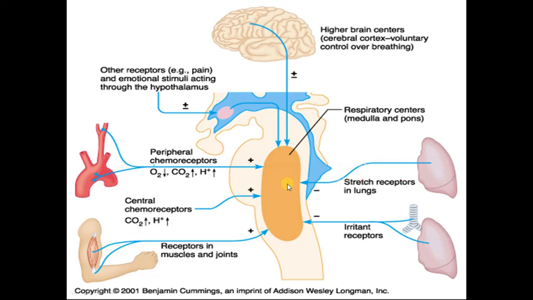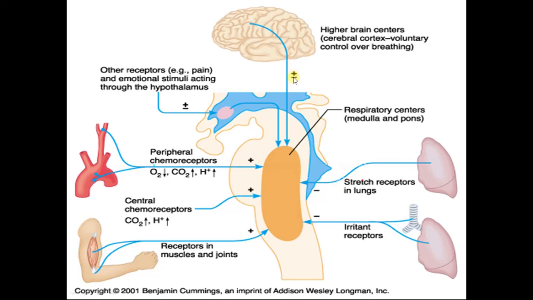So the respiratory center receives signals from the higher areas of the brain, that is the cerebral cortex, and these signals mainly mediate the voluntary control of breathing, and can be stimulatory as well as inhibitory.